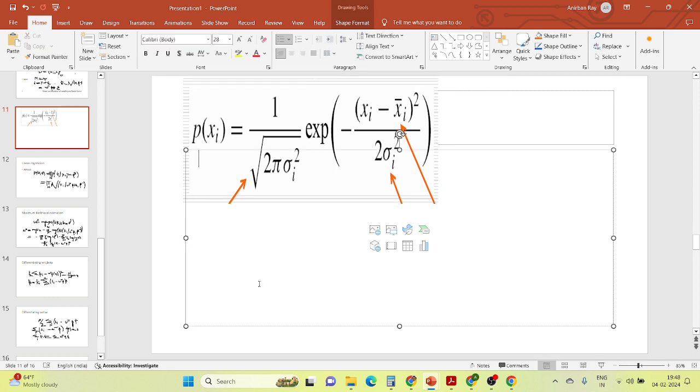You have this equation. What does it denote?